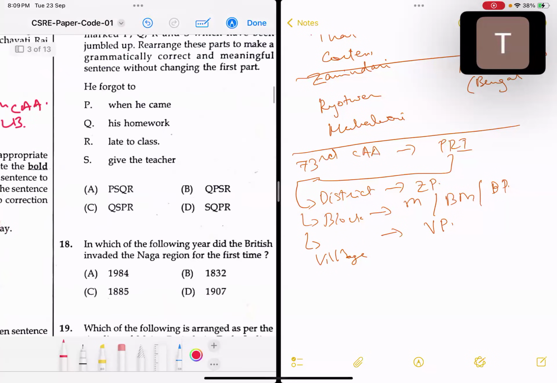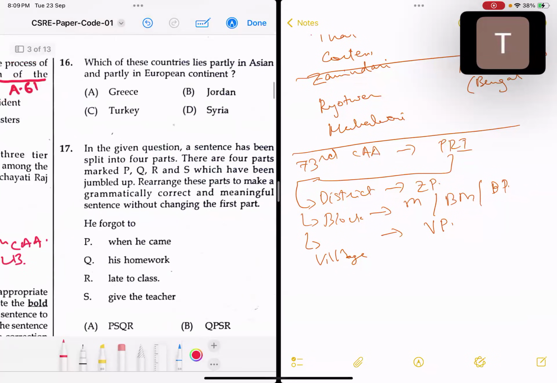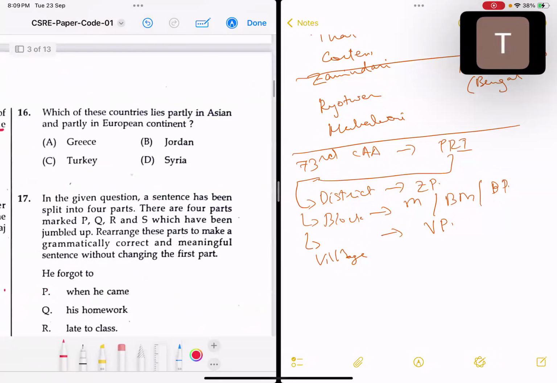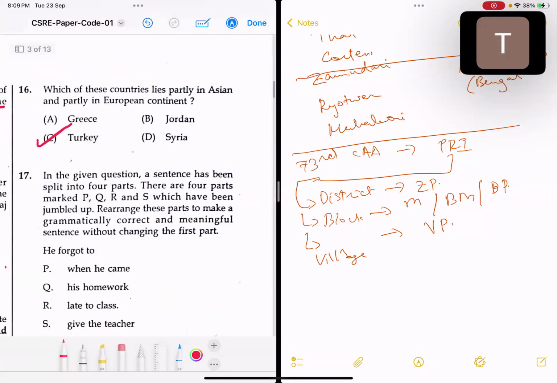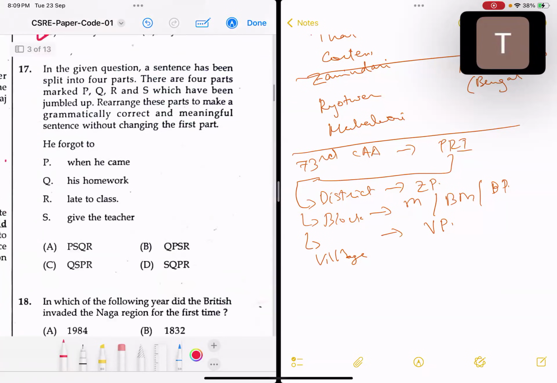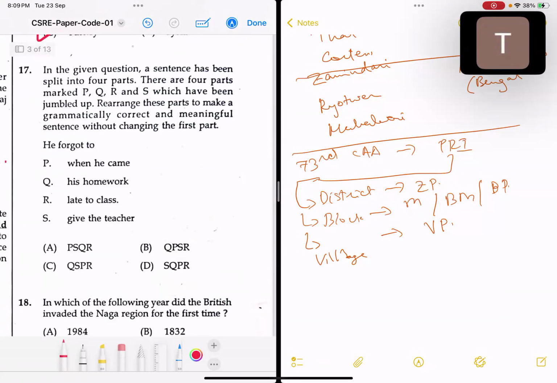Number 16, which of the countries lie partly in Asia and partly in European continent? So this is factual only. It's Turkey, right? In the given question, a sentence has been split into 4 parts. Now here they have given a sentence and the sentence has been split into different parts, okay? And the statement starts with he forgot to, right? He forgot to, and then the remaining part has been jumbled.